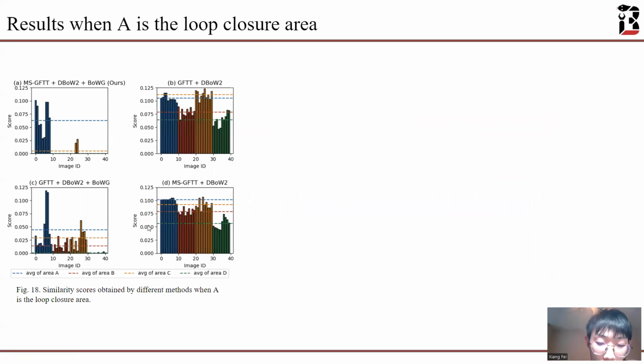This figure shows the similarity scores of different areas obtained by different methods. You can see that when we use the previous method, GFTT plus DBOW2, some frames in area C score higher than area A, which may lead to an incorrect selection of loop closure frame. But when using our method, area A scores significantly higher than all other areas.